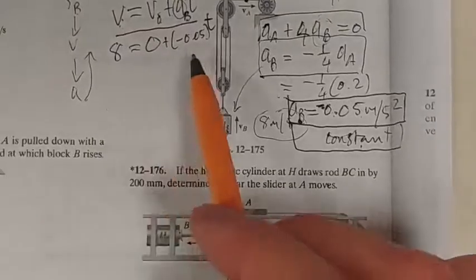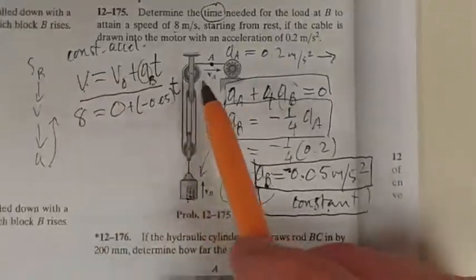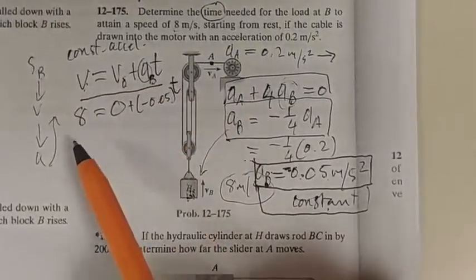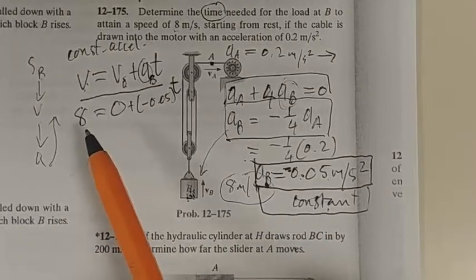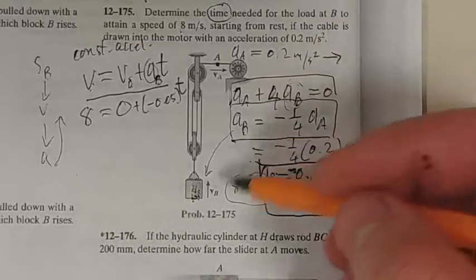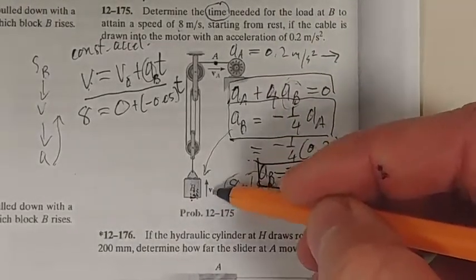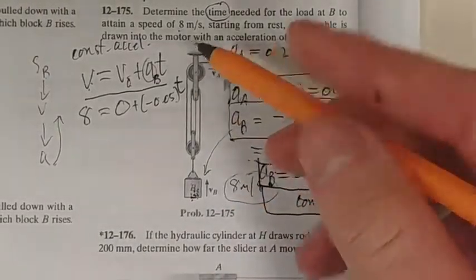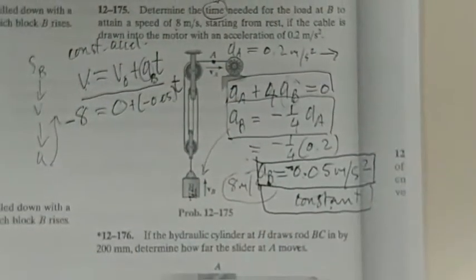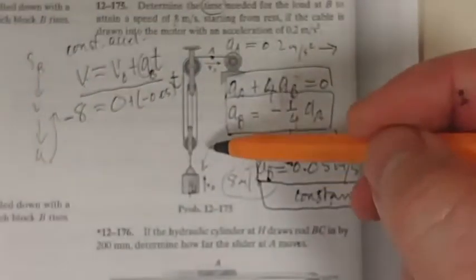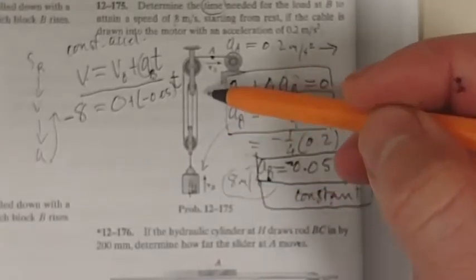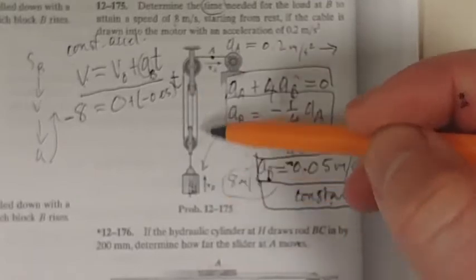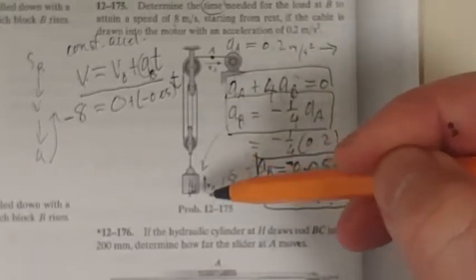Okay. Have I made a mistake here? I was just working this out and I see I've made a mistake. Can you notice where I've made the mistake? I hope you did. We want this to go up with a velocity of 8, so that needs to be minus 8. Okay? I hope you're picking this up. Remember, down is positive, up is negative. Down is a positive position, positive velocity, positive acceleration.